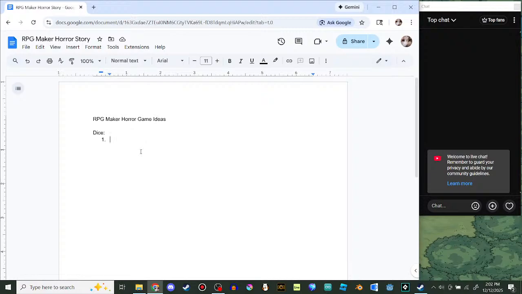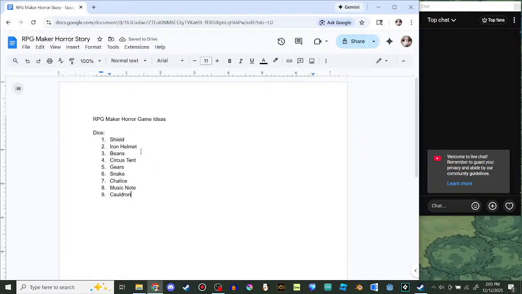But let's just write down all the dice we got. We got shield, iron, helmet, beans, circus tent, gears, snake, chalice, music note, cauldron.